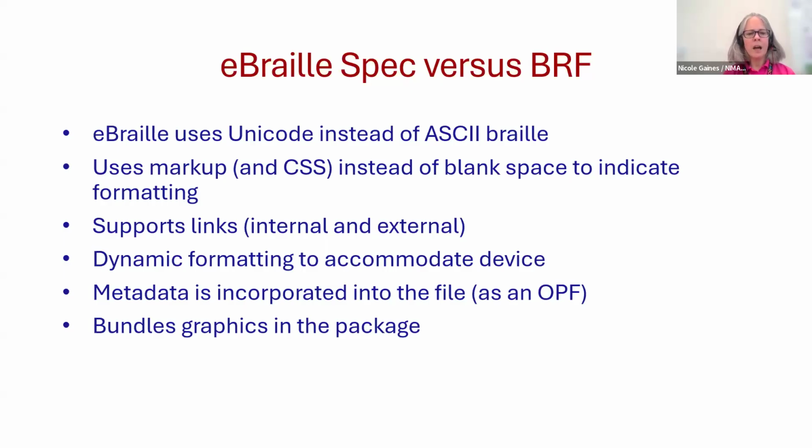It is actually a specific code that shows exactly where the dots are. So there's not any kind of interpretation that may come into play with different flavors of ASCII that are used in different settings. It also uses markup and CSS, which is a cascading style sheet, instead of blank space to indicate formatting.